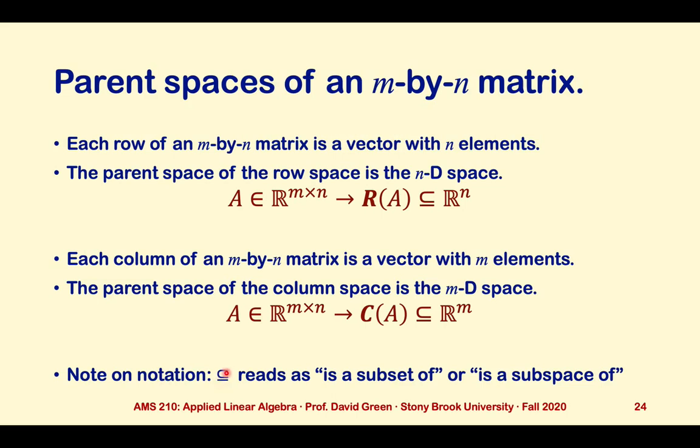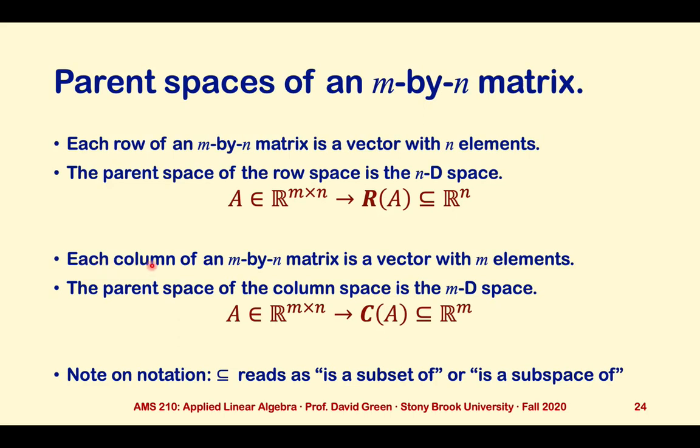There's a similar notation that does not have the line on the bottom, that does not allow for the subspace to actually equal the parent space. We need this possibility of equality here because the row space can in some cases be the entire n-dimensional space. But no matter how large or small the row space is, no matter its dimension, it will always be a subspace of n-dimensional space, where n is the number of columns.